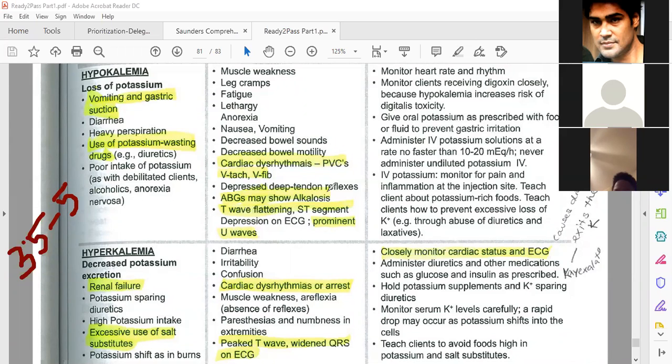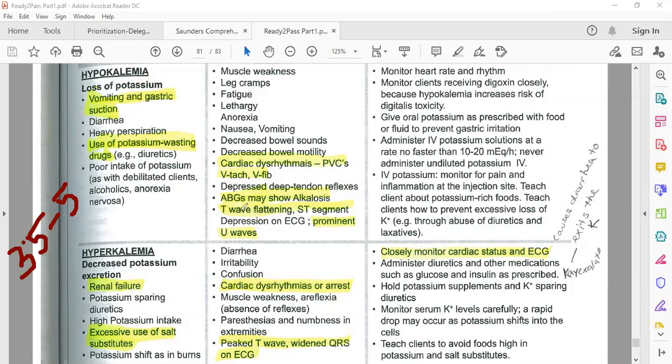Here we go. Next, the ABG may show, what is ABG? Arterial blood gas analysis may show alkalosis, metabolic alkalosis, right?